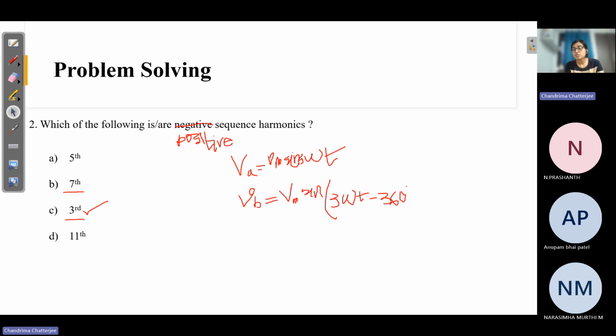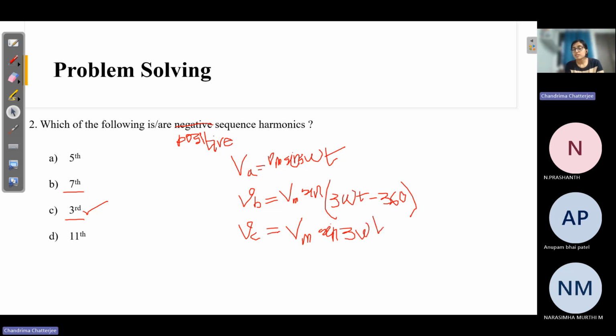So it simply becomes again Vm sine 3 omega t. And for VC, it will be 240 times 3, that is minus 720, which is a multiple of 360. This you will also get Vm sine 3 omega t.